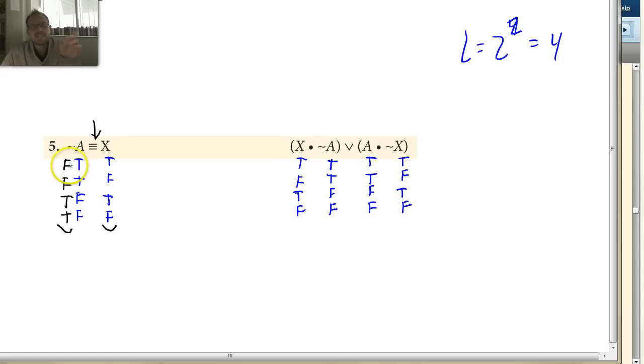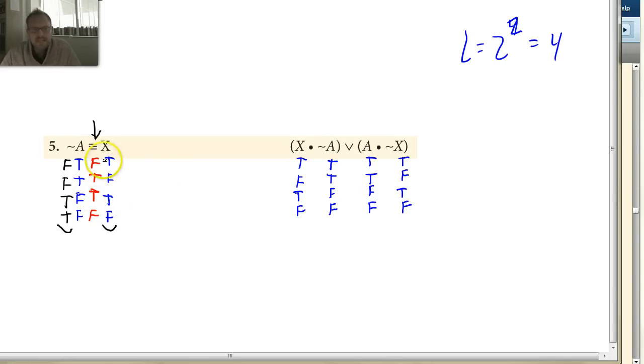They both have to have the same value in order to be true. Otherwise, they're false. So if there's different values, they're false. This is false and this is true, so that means this must be false. False and false means it's true, ironically. True and true means it's true. And then true and false means that it's what? It's false. Okay?